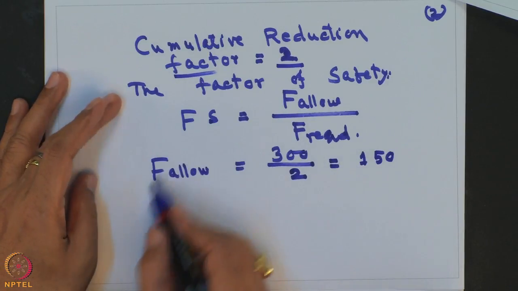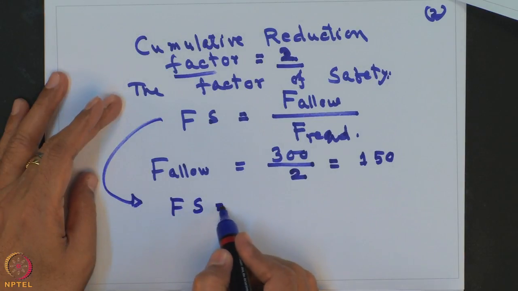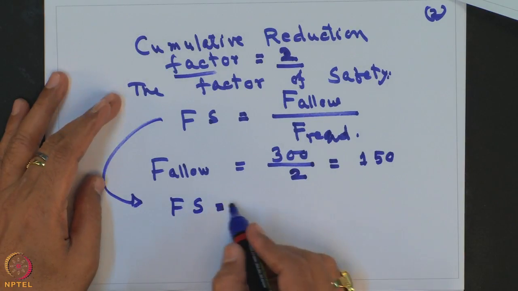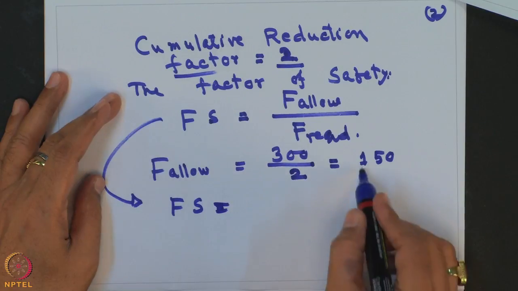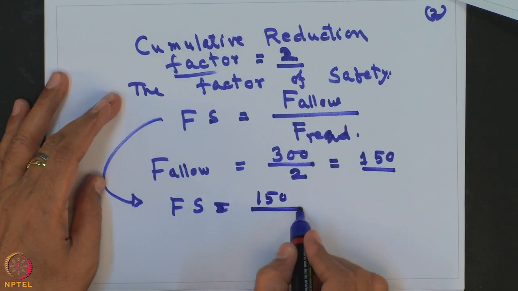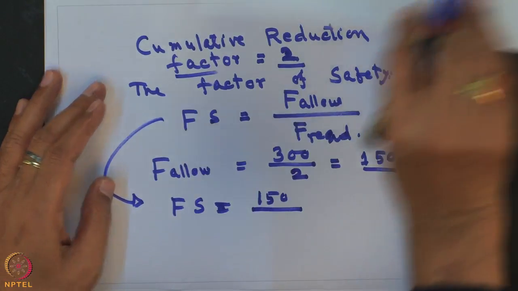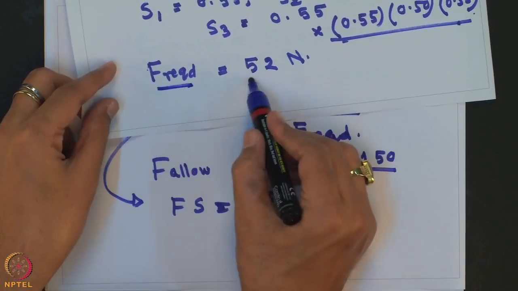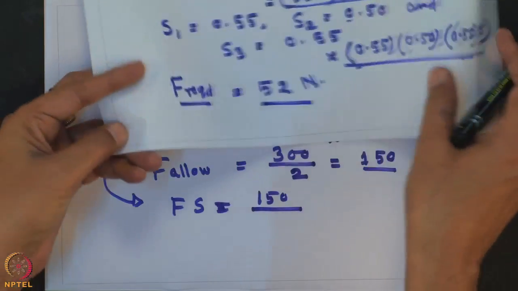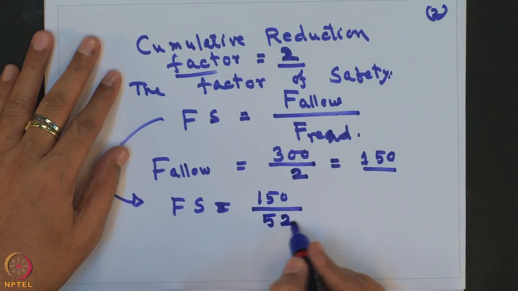Now, you can determine that Fs will be equal to 150 divided by F required, which you determined is 52 Newton.